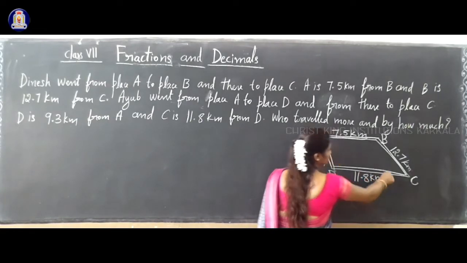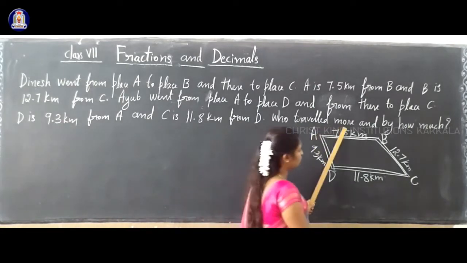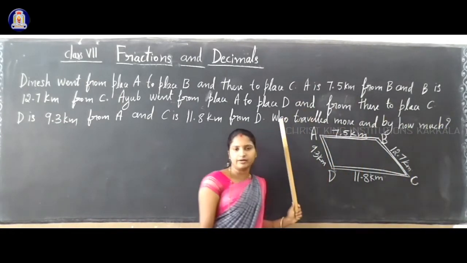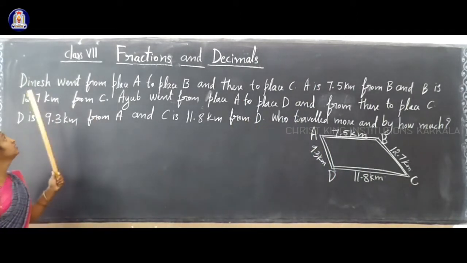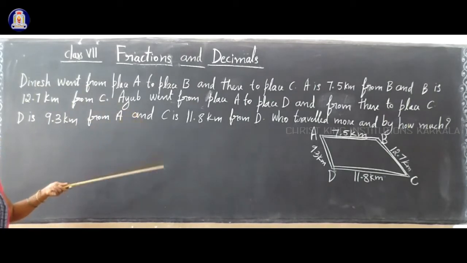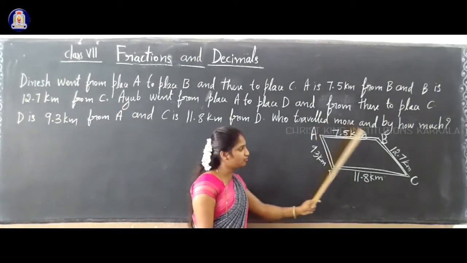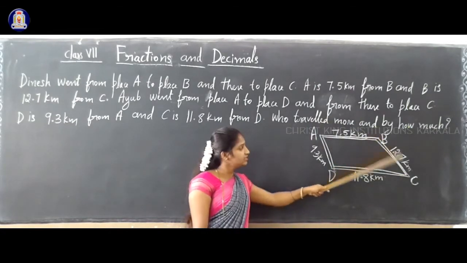So now, what is the question? The question is, who traveled more and by how much? So to compare, A to B and B to C is the distance traveled by Dinesh.